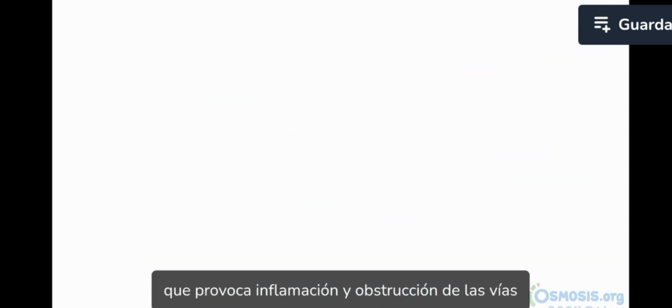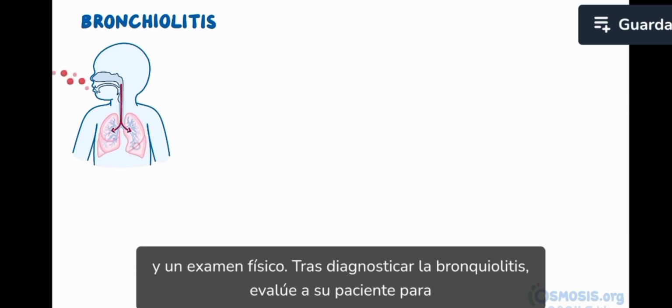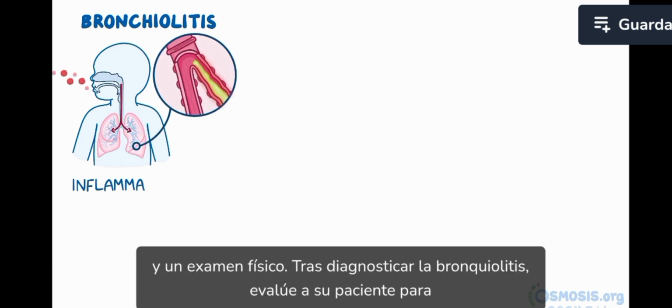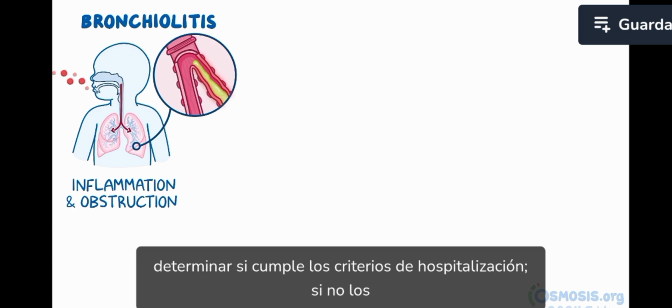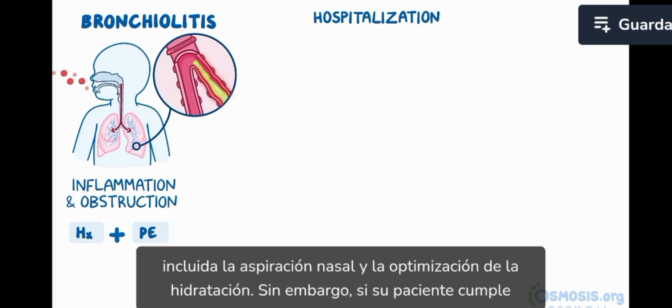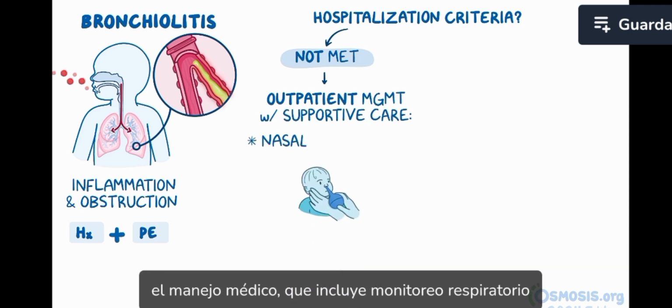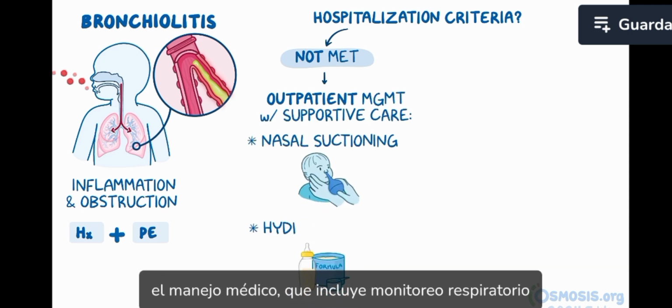All right, as a quick recap, bronchiolitis is a viral infection of the lower respiratory tract that causes airway inflammation and obstruction. If your patient has symptoms of bronchiolitis, first obtain a history and physical exam. After diagnosing bronchiolitis, assess your patient for hospitalization criteria. If no criteria are met, begin outpatient management with supportive care, including nasal suctioning and optimization of hydration.